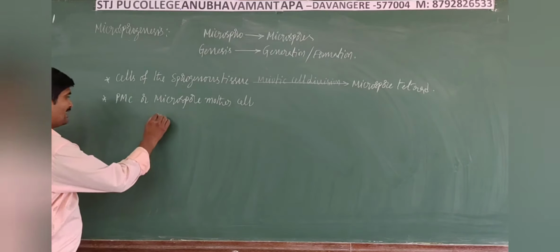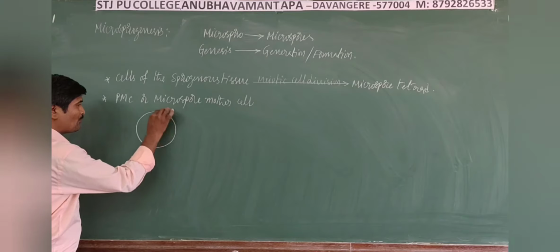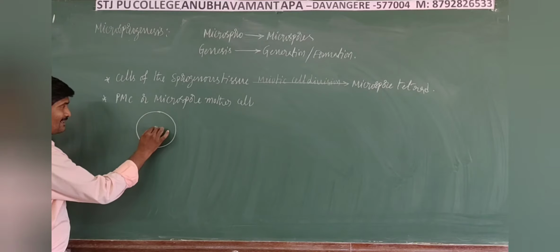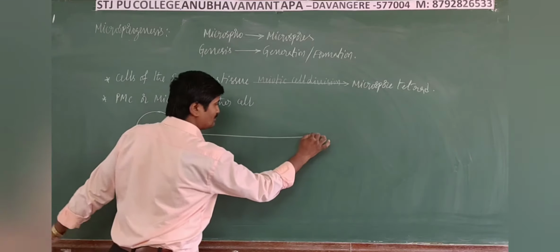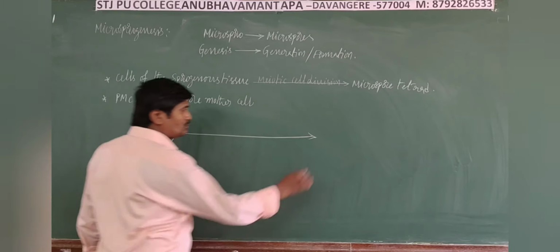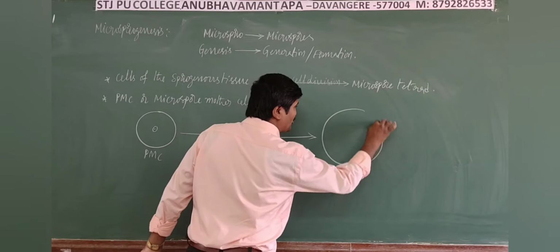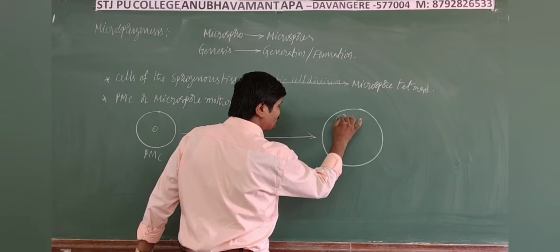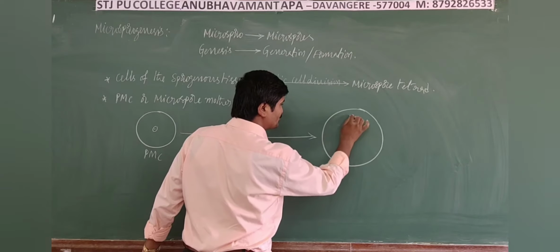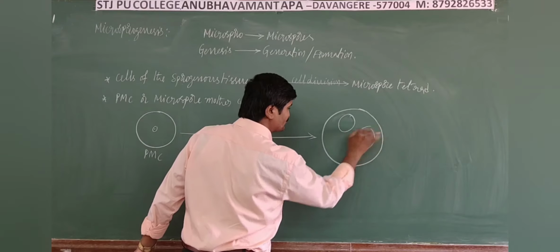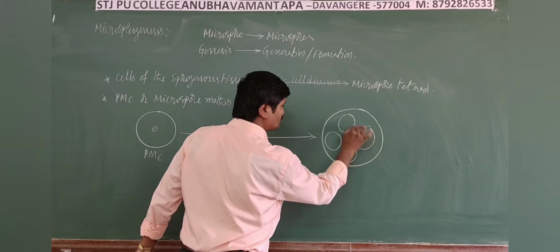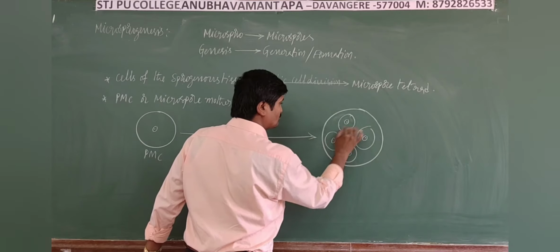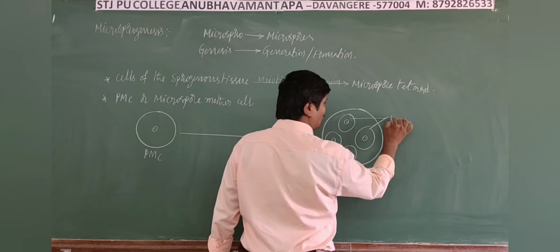See here, this is one pollen mother cell, PMC, and it gives rise to 4 microspores. These are the 4 microspores.